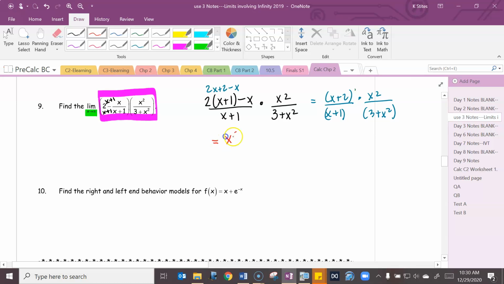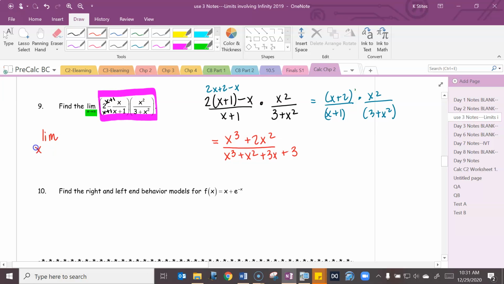All right, let's FOIL that out. That's going to be x cubed plus 2x squared on the top. And then on the bottom, I'm going to have x cubed plus x squared plus 3x plus 3. All right, so now let's rewrite it.